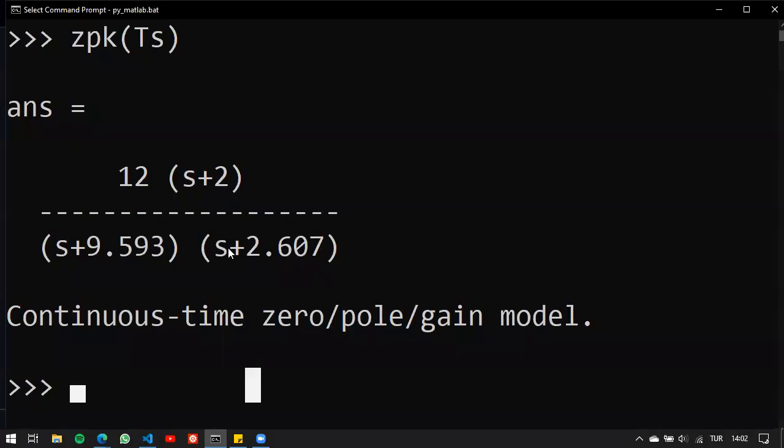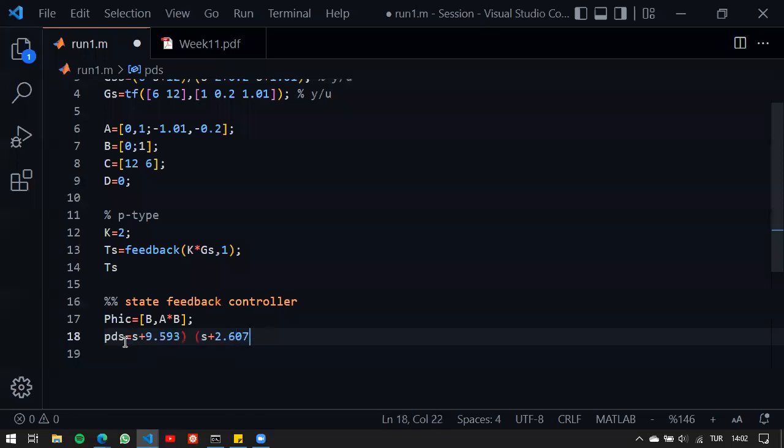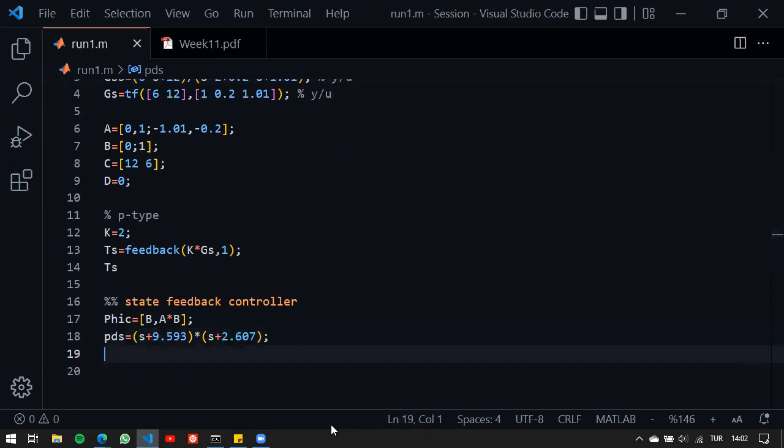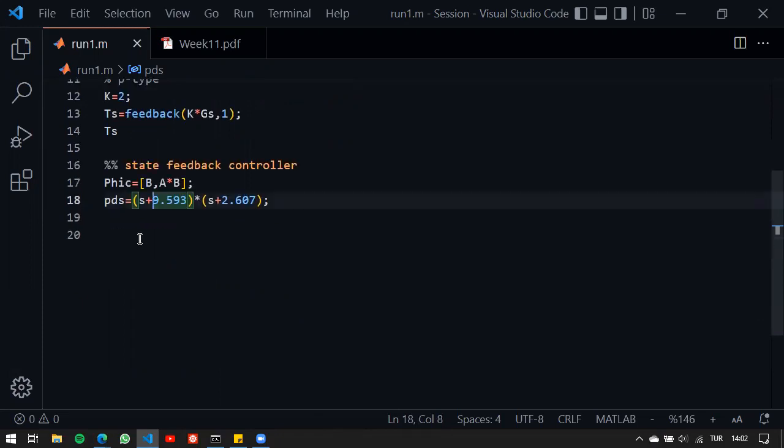So for starters, I can just go ahead and use these poles to define it. I didn't choose zeta and omega n just to illustrate something here. I want to compare the P-type controller to the state feedback controller. So let's assume that this is the desired polynomial that I want to achieve here.